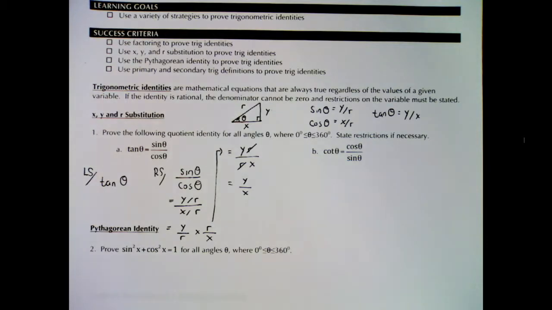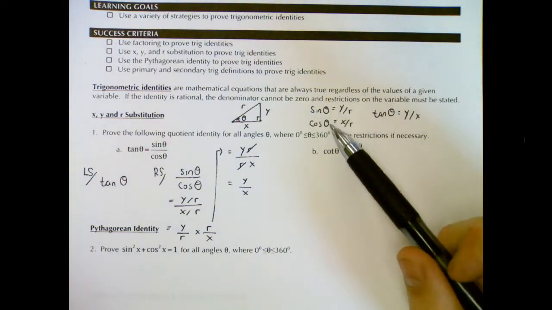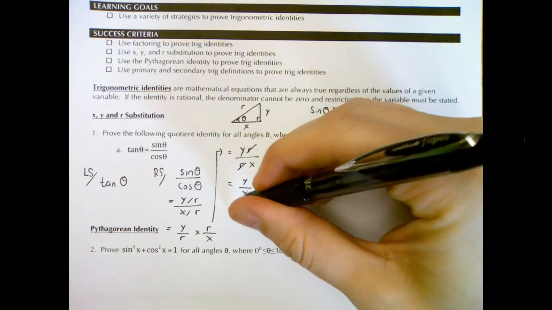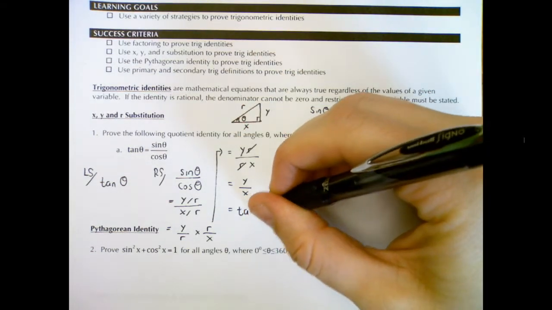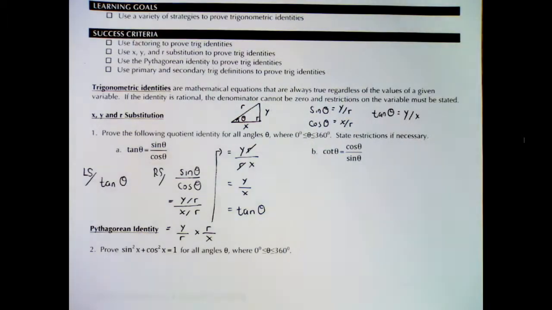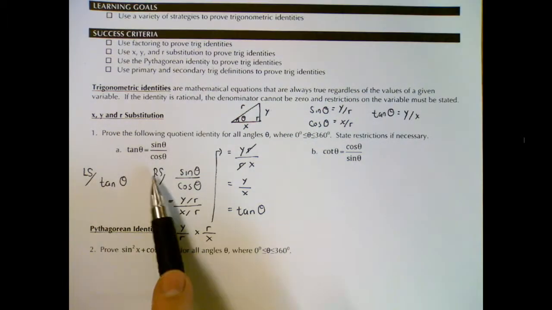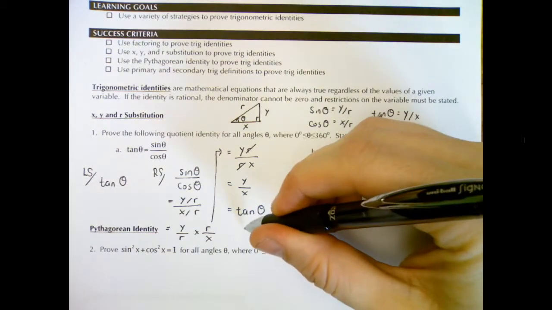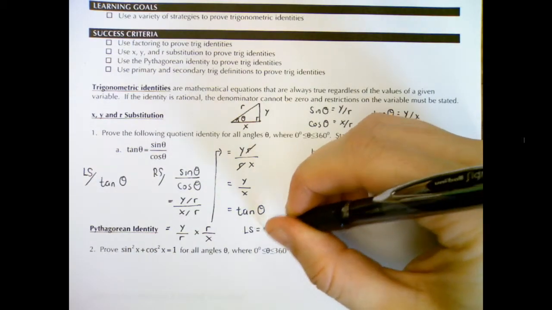And y over x, if we go look at our definitions of sine, cos, and tan, y over x is tan. So my last step is to say that this equals tan theta. So what I've done is I've taken my right side, sine over cos, and I've turned it into tan theta using x, y, and r substitution. Once we've done this, we can say left side equals right side.